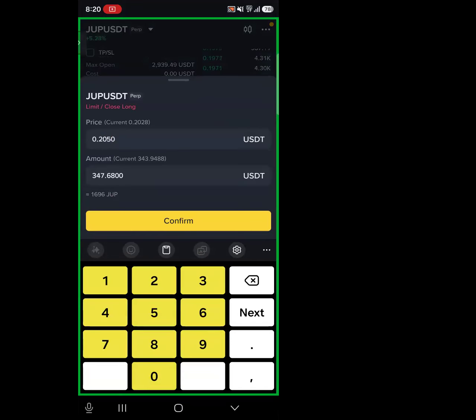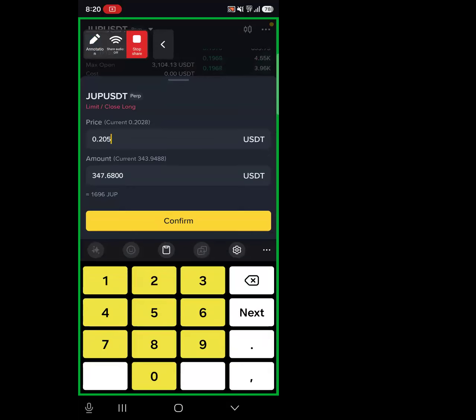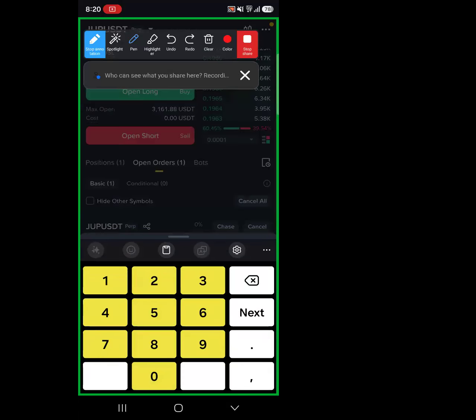See that? You can keep on adjusting if you want to. So when you adjust, you'll be seeing what you are going to be expecting in total. What you're going to expect after the close of the trade. If I change this, you see, it increases.